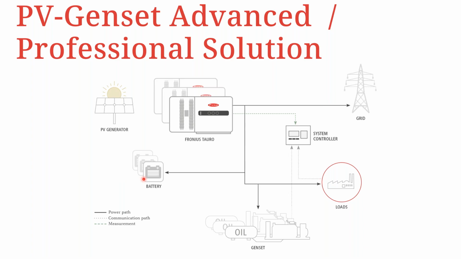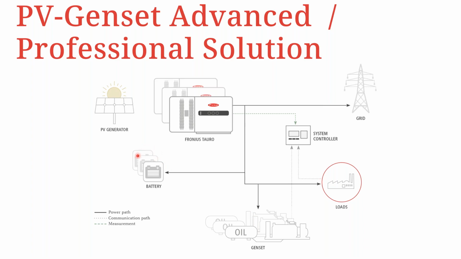We now find that on Saturdays and Sundays, the only loads that are connected or supplied are just lighting, perimeter lighting, and a few socket points. So it wouldn't make sense to have the genset running just because of these small loads.